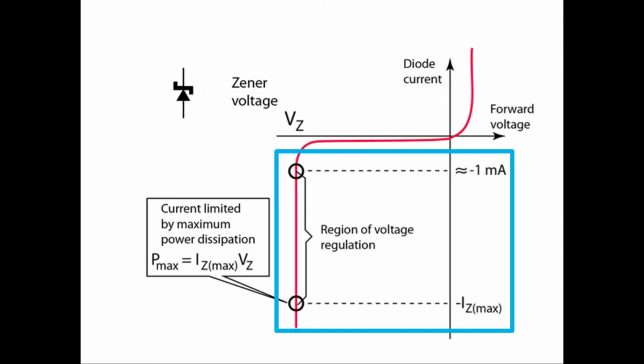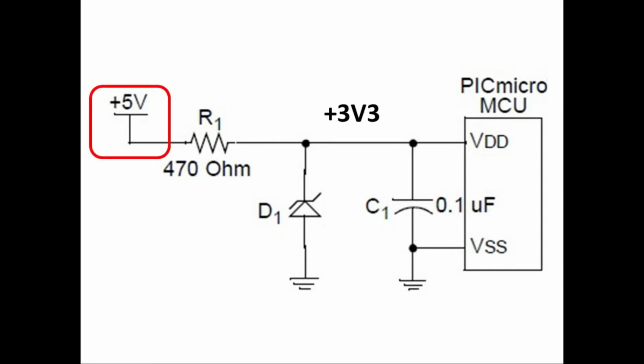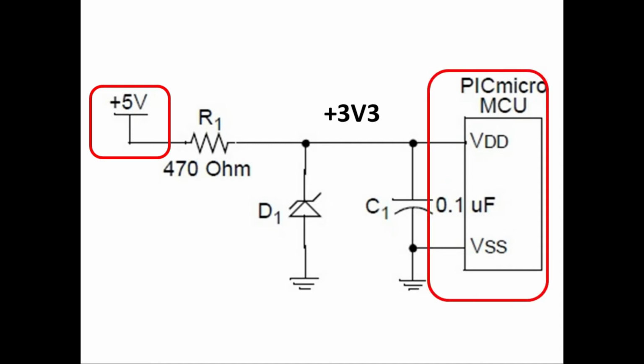Let us consider a circuit where a microcontroller has to be powered using a DC voltage source. The issue here is that the microcontroller will work on 3.3 volts, but we have a 5 volt DC supply. In this case, the Zener diode can be placed in this manner, which will ensure a constant or regulated voltage of 3.3 volts across it, and the microcontroller will be able to operate on a constant 3.3 volts.